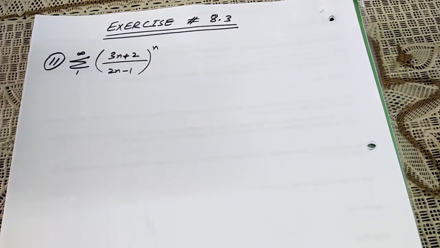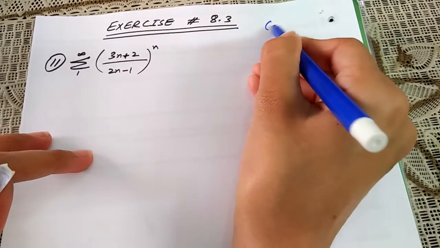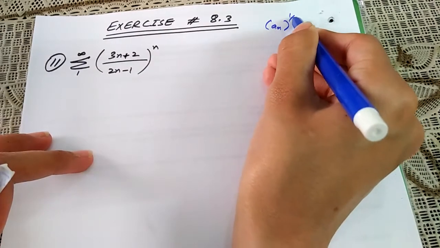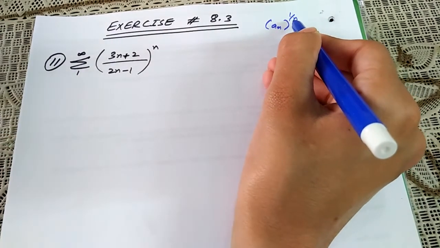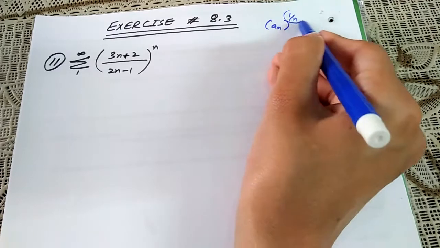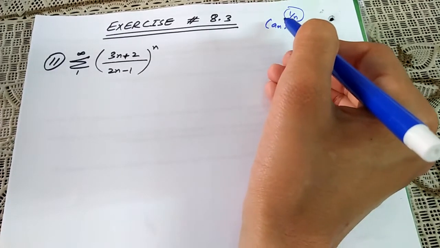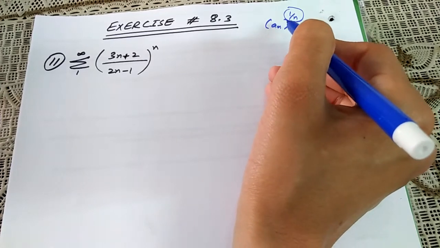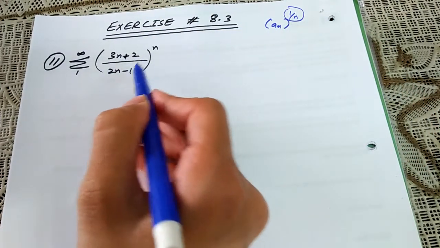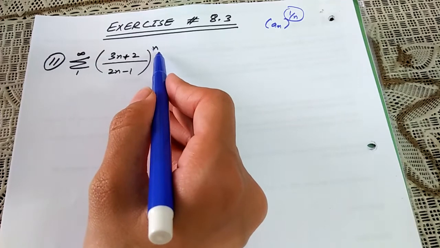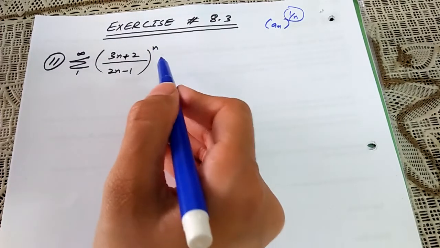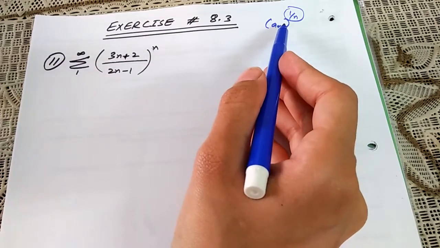In the Cauchy's root test, basically you apply the power 1 over n on an and then apply the limit. On which questions can you apply the Cauchy's root test? The questions in which the an term has the power n. Then you can easily figure out that you can use the Cauchy's root test here.